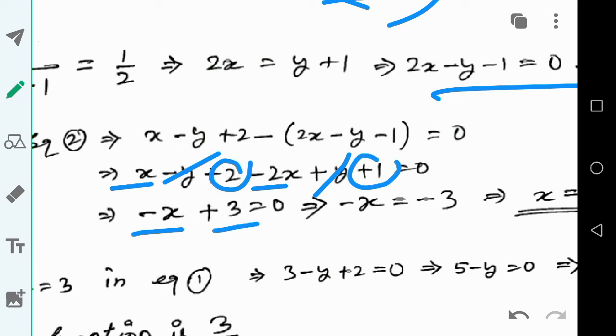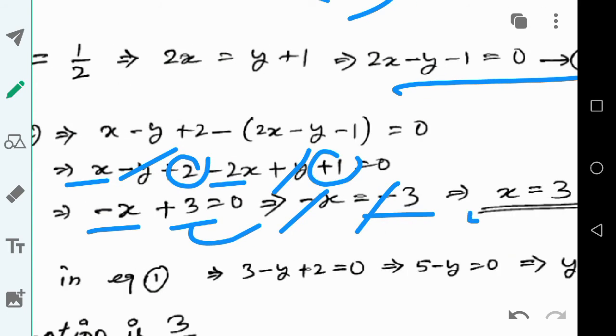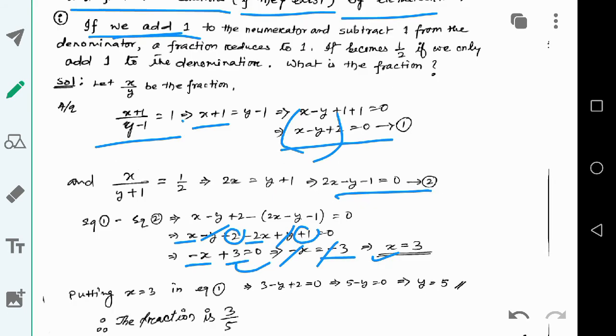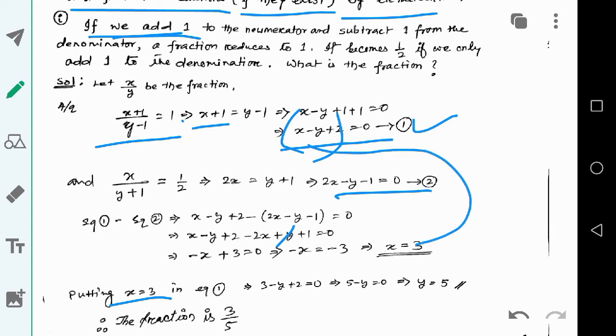So we have got minus x plus 3 is equal to 0, then 3 on the other side becomes minus 3, and minus minus goes, so we have got x is equal to 3. Now put the value of x in equation number 1. You can put it in 2 also, but I have put this value in 1. So putting this value of x in 1, you just need to replace x by the value of x, that is 3.